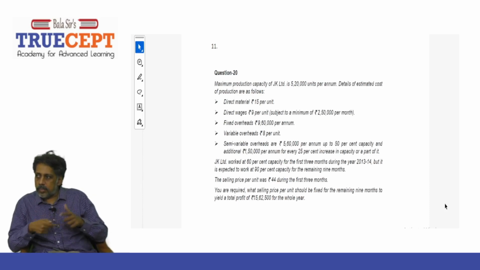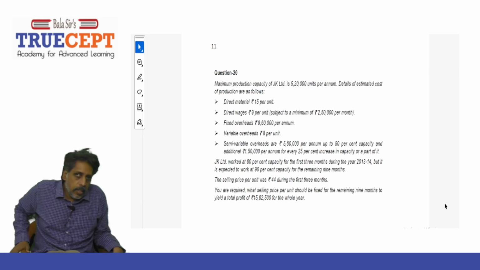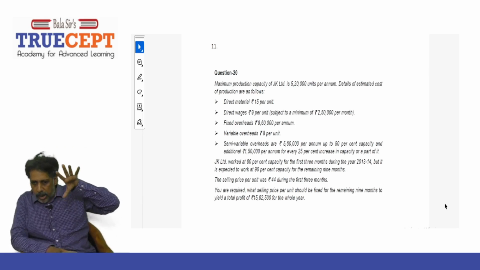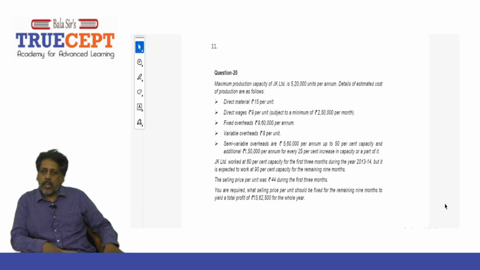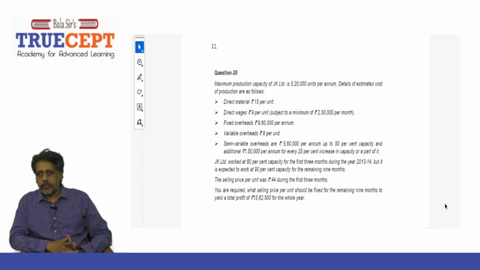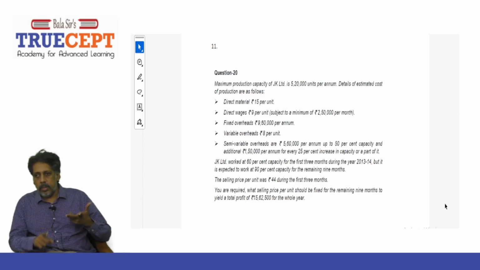And more the asset gets depreciated. Is that clear? Yes. So therefore, that is the link between factory overheads and direct wages. Is that clear? Yes. Very popular relationship. Factory overheads will vary with direct wages.